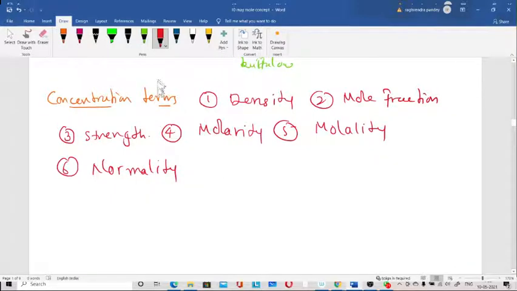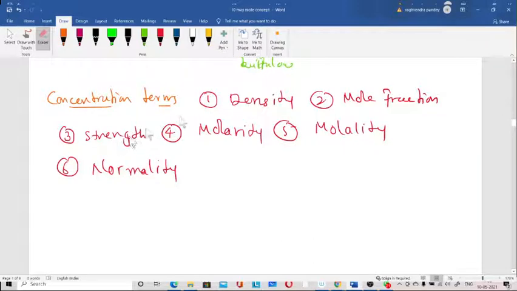Seventh is density. So these are enough, these are the terms.